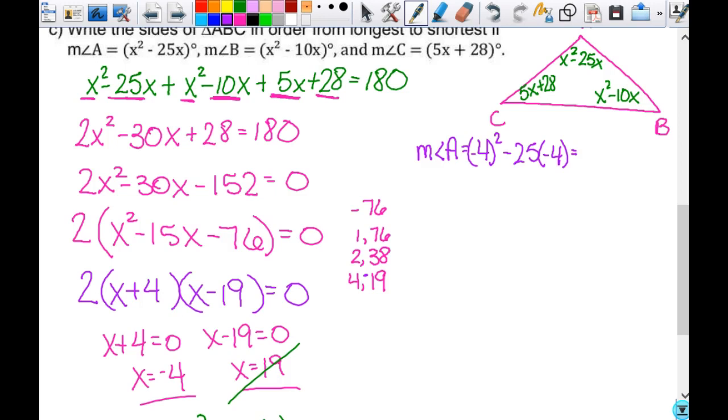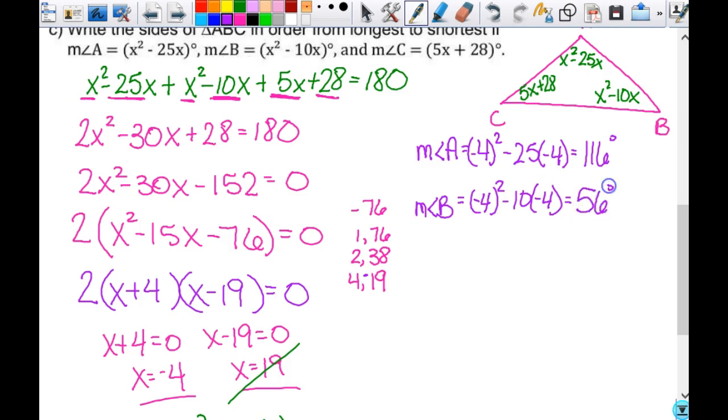What's negative 25 times negative 4? 100. So this is 116. That's good. Measure of angle B is equal to negative 4 squared minus 10 times negative 4. So this is 16, then what? Plus 40. So this is, what is that?